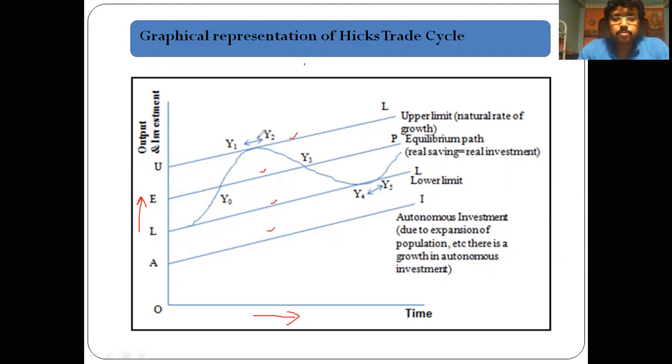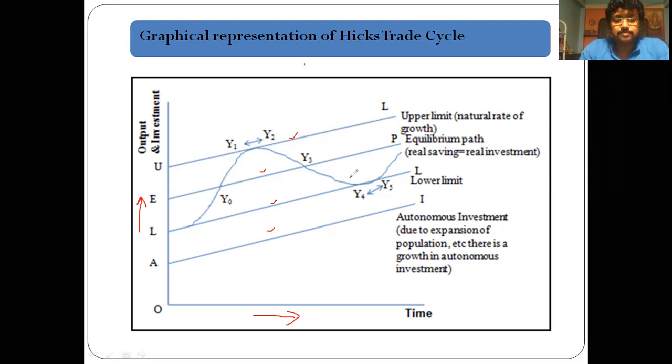What is the natural rate of growth? The natural rate of growth is that rate when the economy is growing at an exogenous exponential rate, where all the resources are fully utilized.